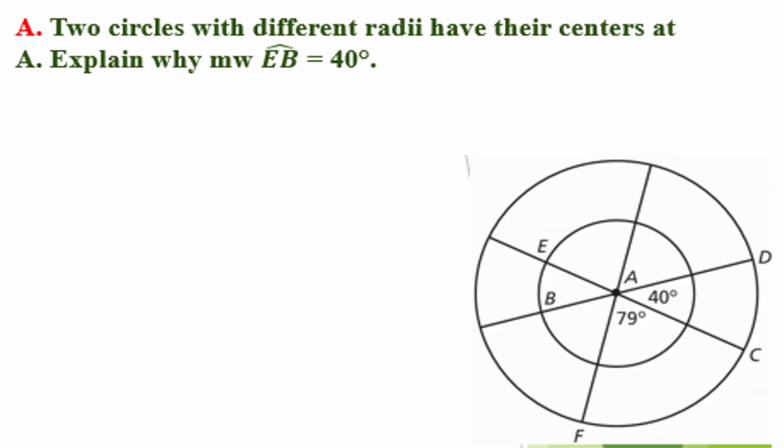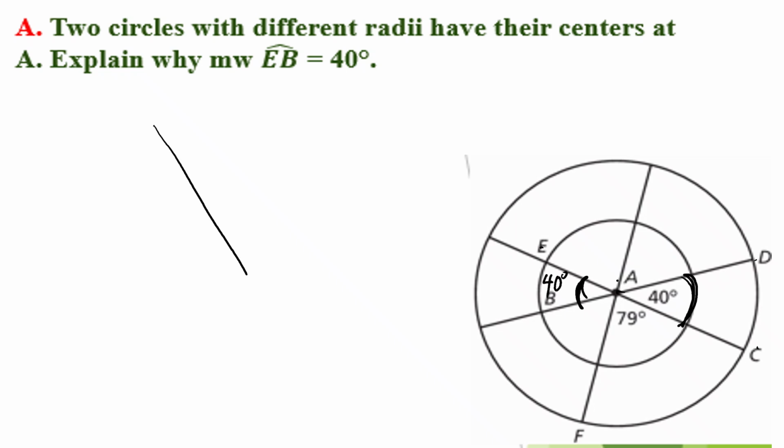Now here they are saying two circles with different radii have their centers. Explain why the measurement of EB is 40 degrees. Okay, where is the measurement of E and B? Look at this. Here angle DAC is 40 degrees. Now angle EAB is the vertical angle, that's why it has the same measurement.